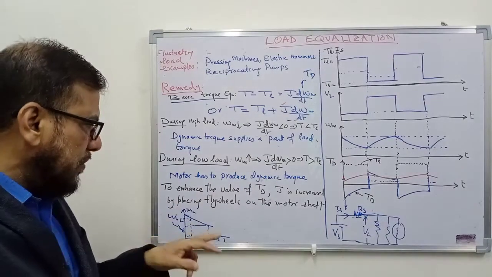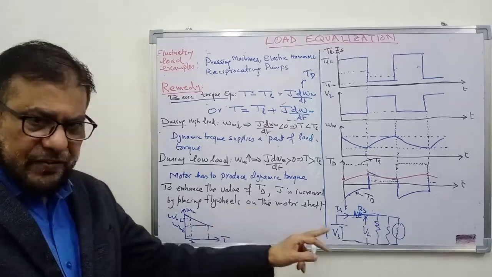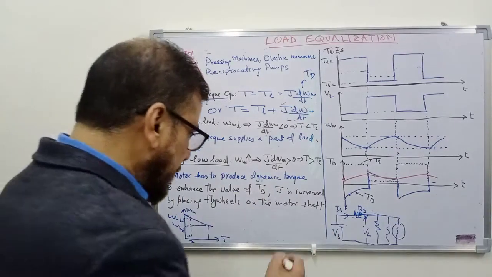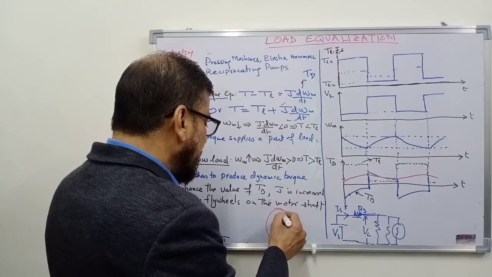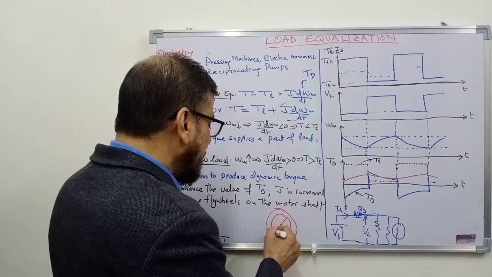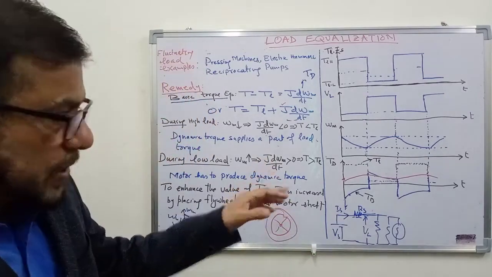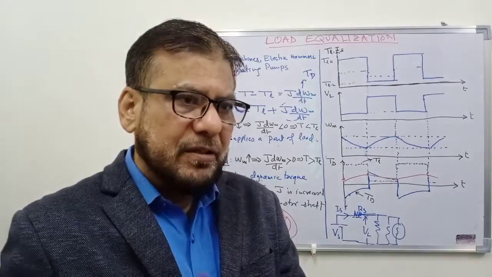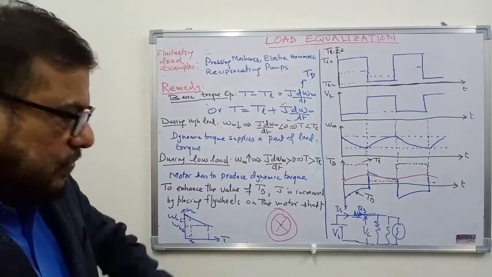For that, what can you do? You can place flywheels on the motor shaft. On the motor shaft, you place some flywheels like this. You may have the flywheels like this. So, you know that the moment of inertia depends on mass multiplied by distance from the axis squared, m r squared.